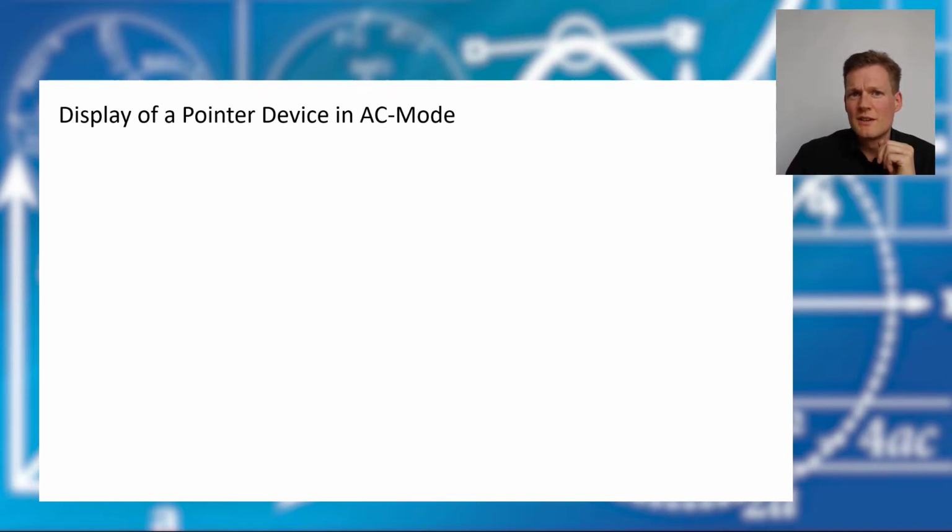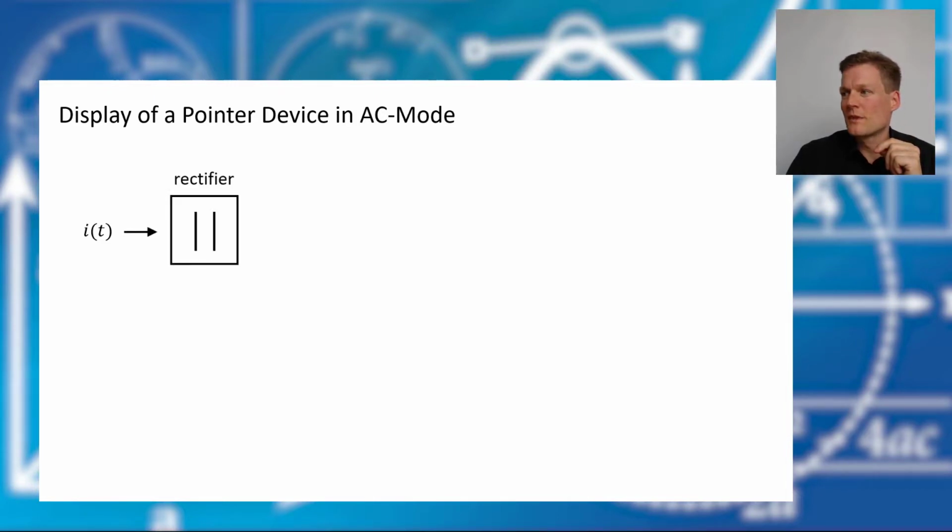What happens in a pointer device? So we start with a current which flows through it. And then we said in AC mode, the current will be rectified in a first step. Okay, and that means we now have the absolute value of our current.